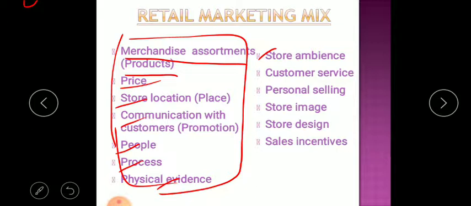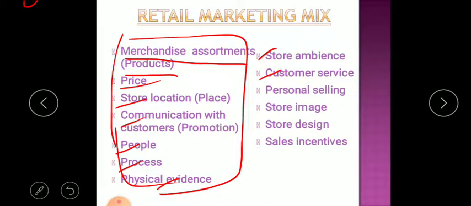For example, the temperature inside should be very good. You should feel nice when you go, you should feel fresh, you should feel energetic as a customer. The fragrance should be nice, soft music can be run in there. So all these are part of the ambience that make up the retail store environment.